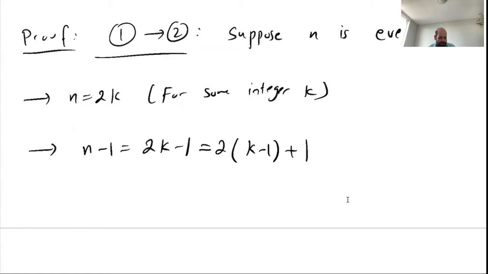So that means n minus 1 is odd, right? K is an integer, so k minus 1 is also an integer. So 2 times an integer plus 1 means n minus 1 is odd.